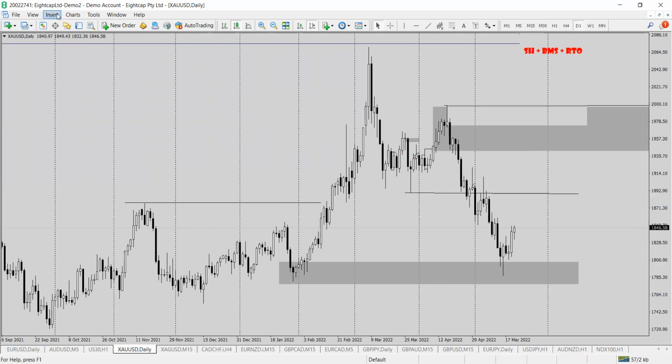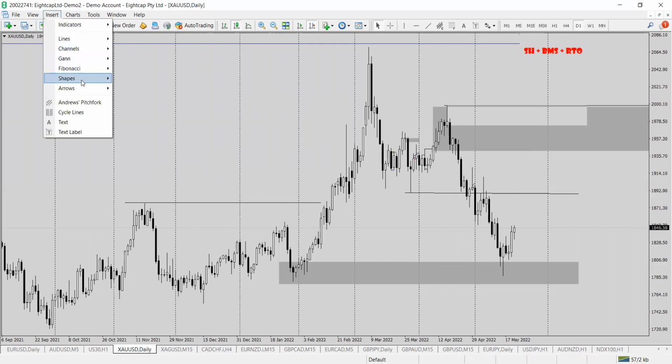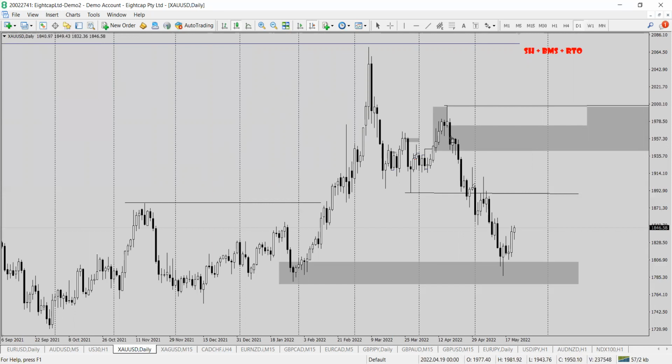So either price retests this place or this place inside that weekly supply zone. We are having multiple zones that price can get into. Before that one, we also see another one here.